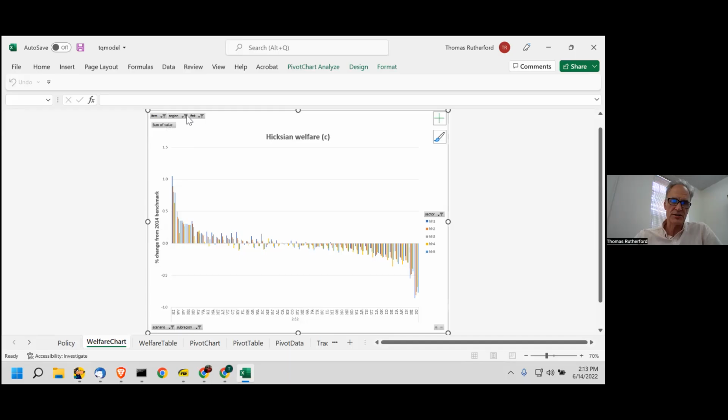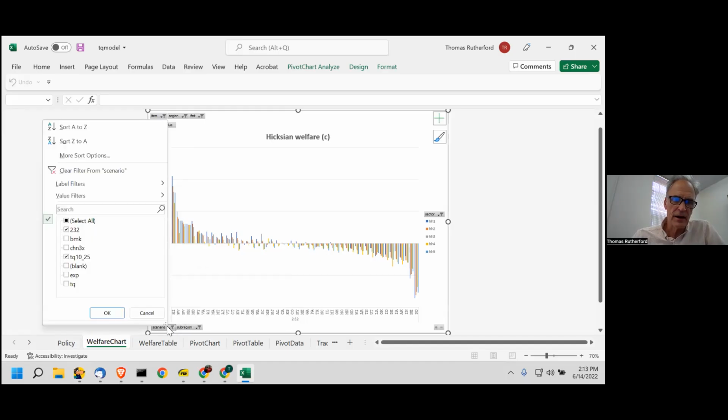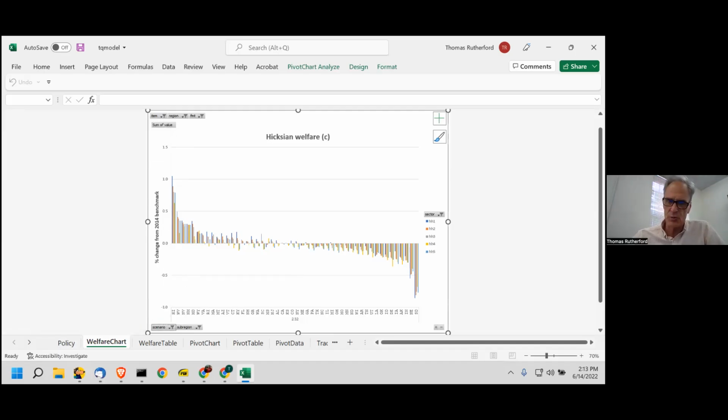And I could say, for example, the scenario could be tariff quota 10, and so basically this represents the range of results. I'm not going to go through this in detail, but I'm showing more how you set it up.